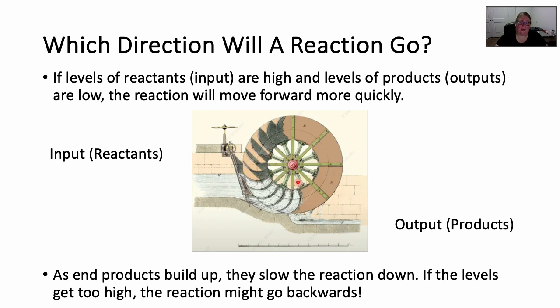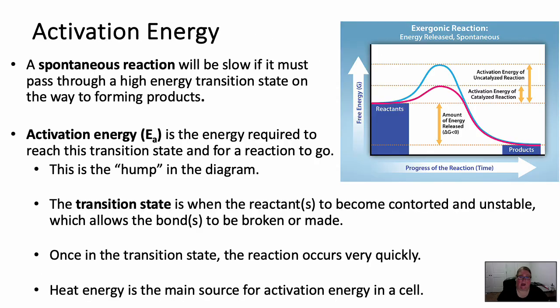This is how we can tell the direction of the reaction: what is our level of reactant compared to our level of product. We do this in terms of energy. So how much energy do our reactants have versus how much do our products have? Now, if you remember from 201, this graph should look familiar.